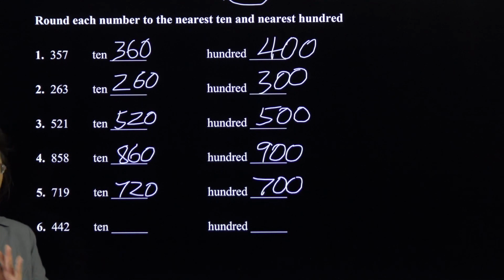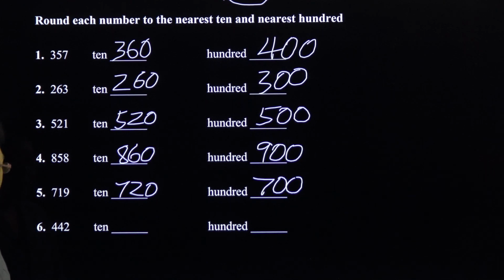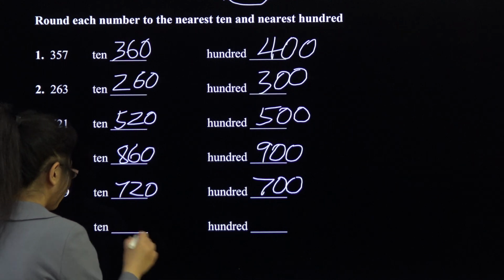The last question of this section, not time to slack off yet, is 442. For the nearest tens, we look at the ones place. And the ones place is a 2. 2 is smaller than 5.